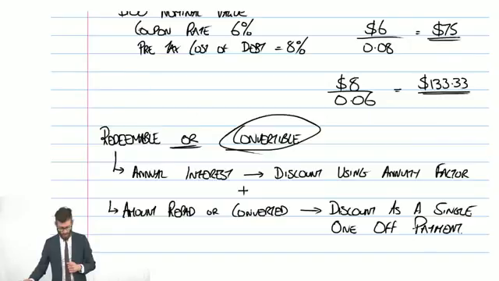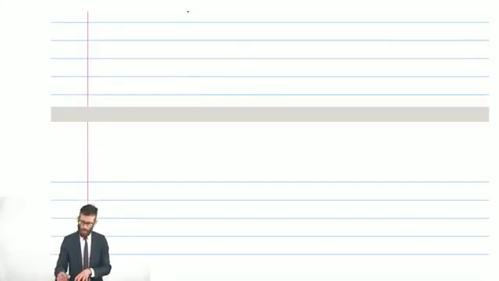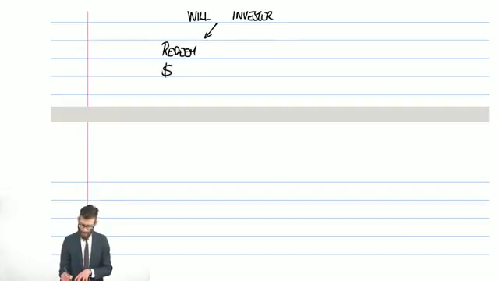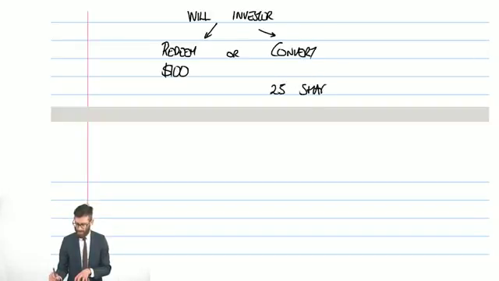What we must do is decide, will the investor redeem or convert? It's the investor's choice, not the company. Will the investor redeem $100, or will the investor convert for 25 shares? Now, these 25 shares are at their future value, so we have to do a little bit of compounding here.